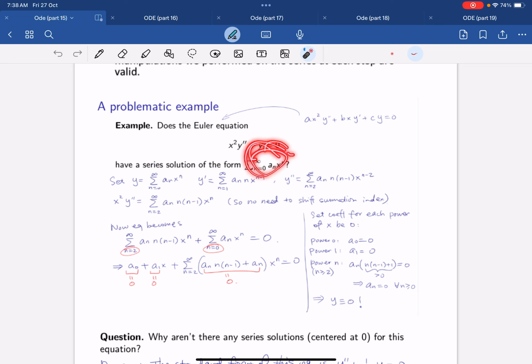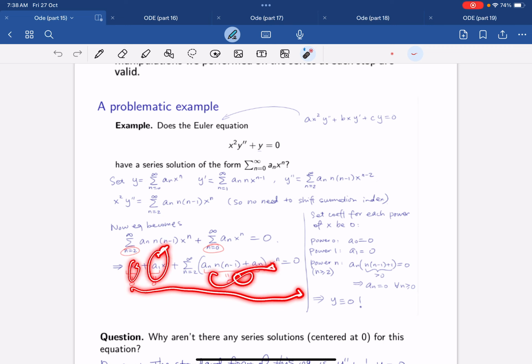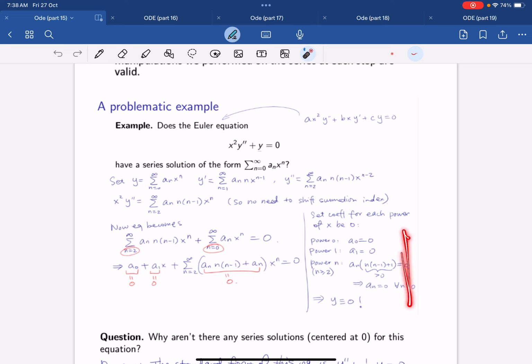If we assume that there is a series solution, then we get the following: a_0 must be 0, a_1 is also 0, and whatever is in this chunk is also 0. Then, by the recurrence relation, every coefficient is 0, which means that the original series y must be 0.